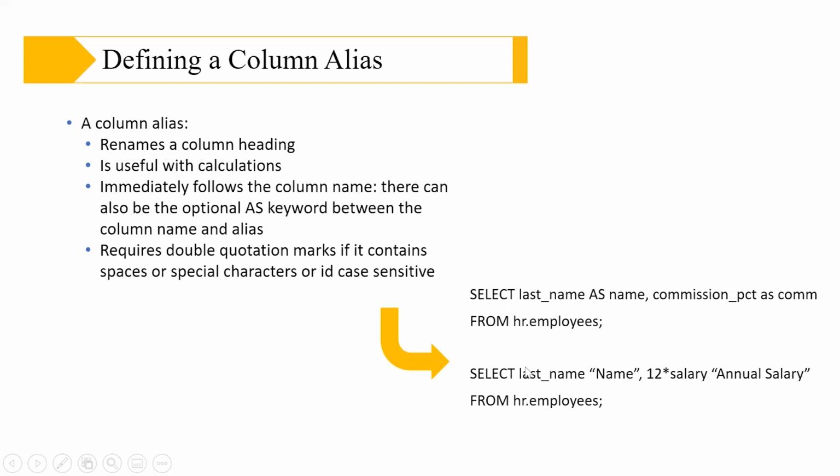And also, if you put last name as name, then you are just renaming the last name to name, with N capital and AM small. Now in the example also, we will see we are getting this name as the column header instead of having the complete name in capitals.